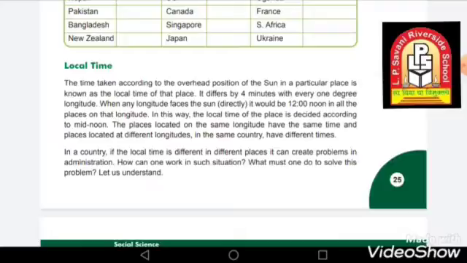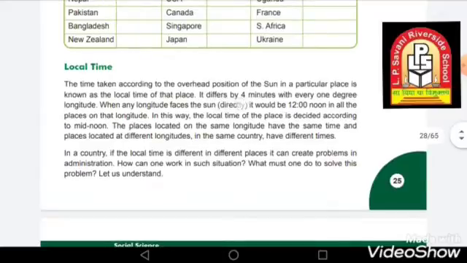How can we understand the time at the place where we are? The time taken according to the overhead position of the sun at a particular place is known as the local time. Local time is basically the time of the place where a particular person is, right?